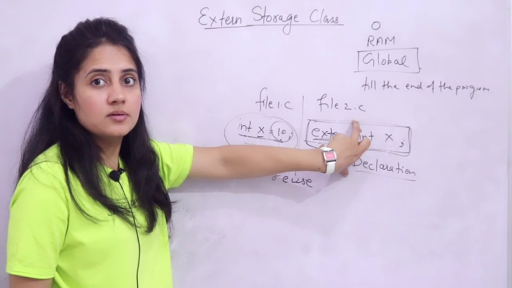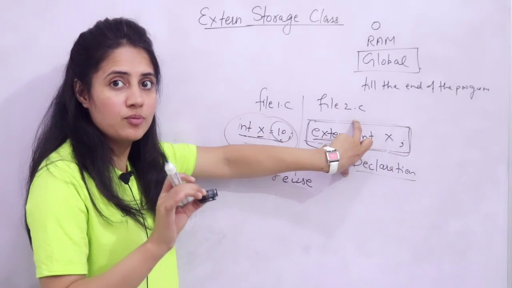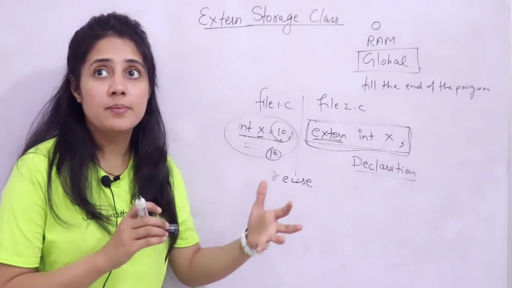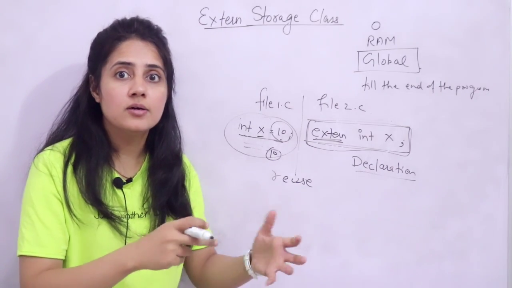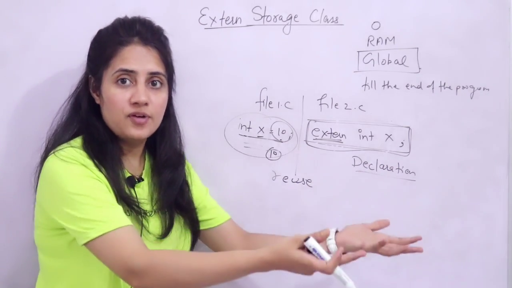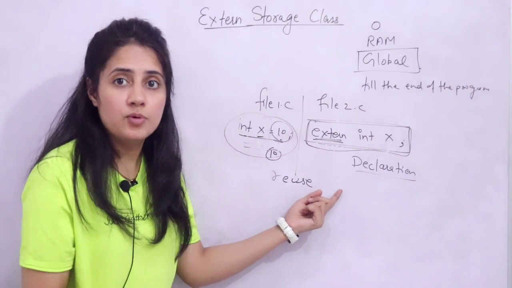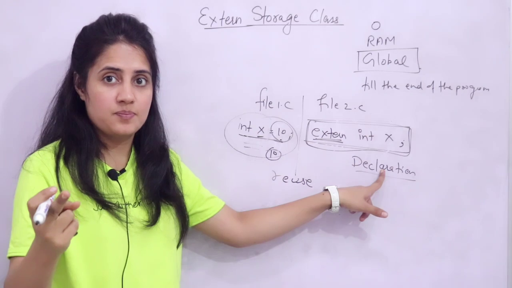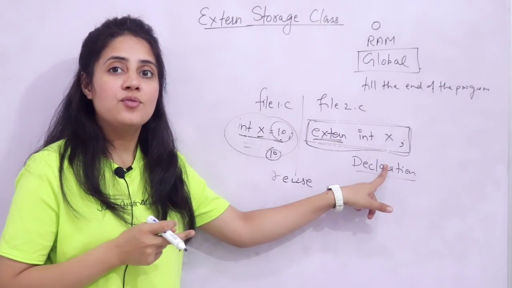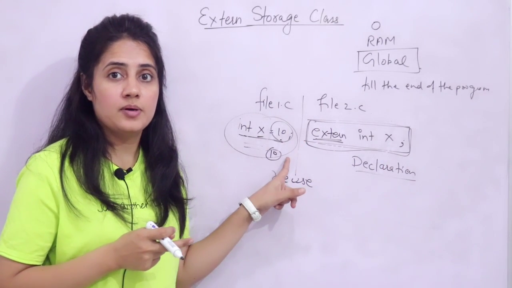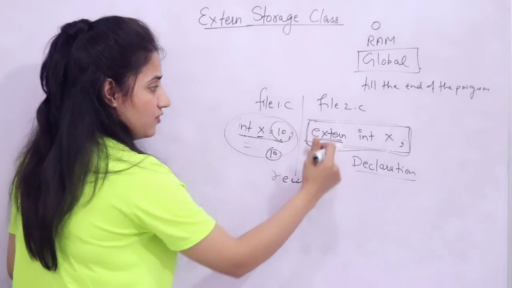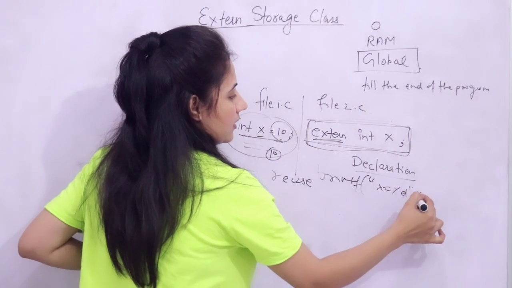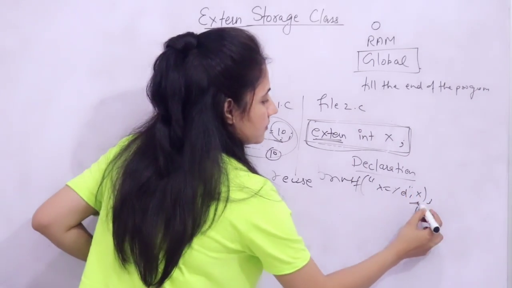This I will show you with the help of a program, and it is just a declaration. It tells that x is a global variable which has been defined already in another file or another block, and I just want to use that x. So it will just give a reference to that global variable. So in the second file, if you print printf x is equal to %d x, it will print 10.